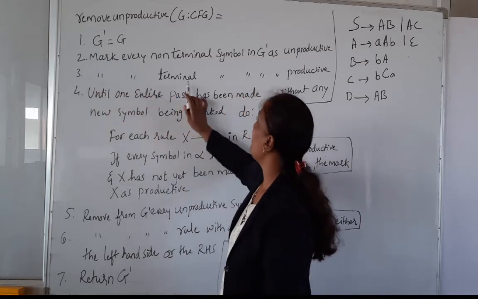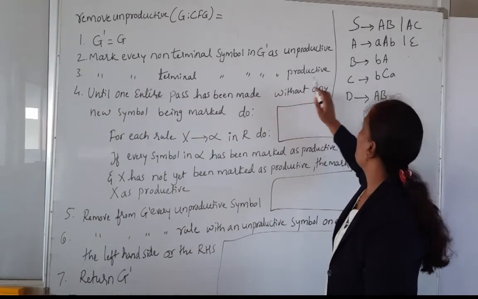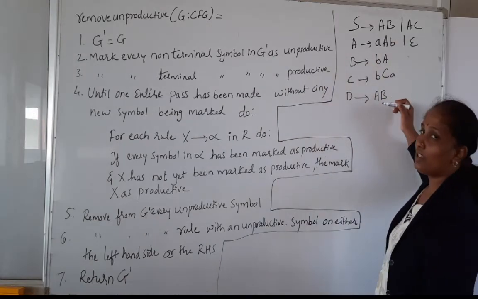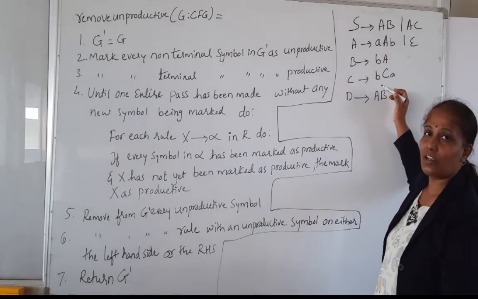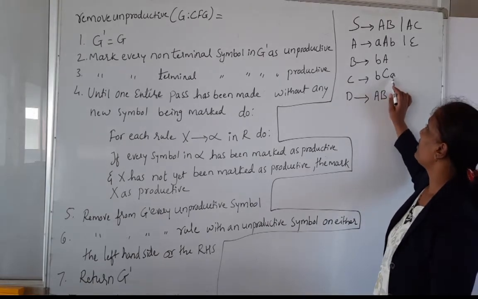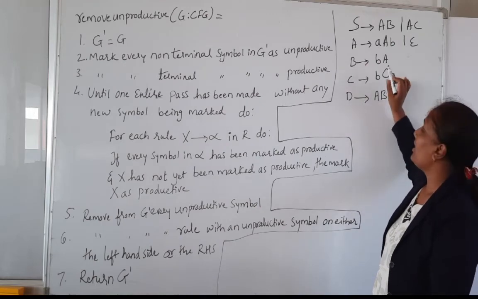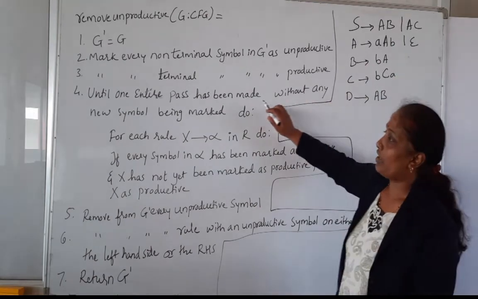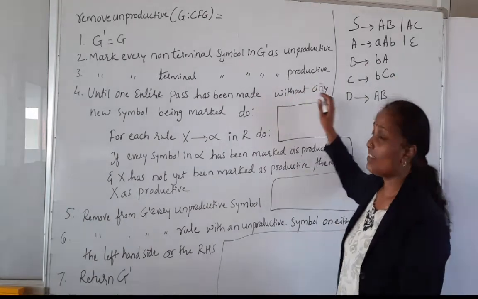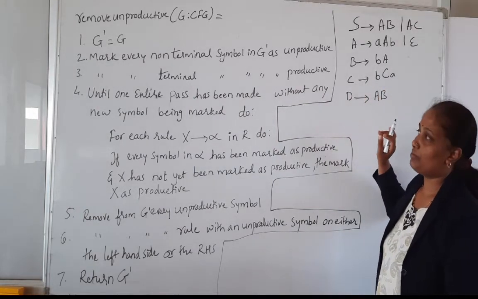Mark every terminal symbol in G dash as productive. What are the terminal symbols in the given grammar? As I said, the terminal symbols are written in small case letters. So a and b are the terminal symbols. You are going to mark a and b as productive symbols because they are used to generate the strings for a particular language.